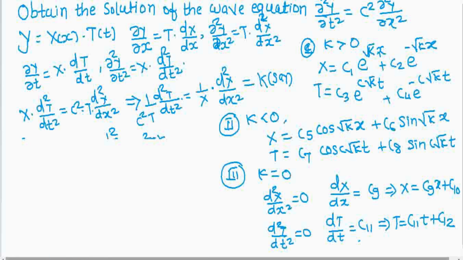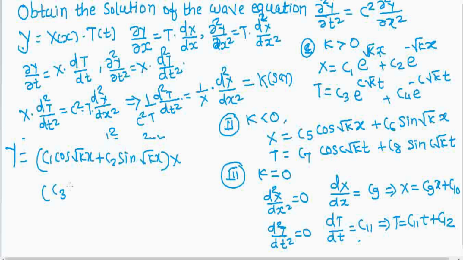K is less than 0, therefore the solution of this wave equation is y equal to c1 cos of under root of k into x plus c2 sine of under root of k into x, into c3 cos of c under root of k into t plus c4 sine of c into under root of k into t.